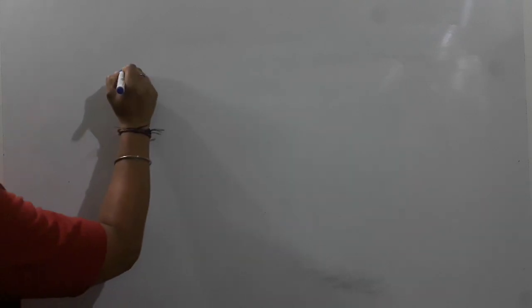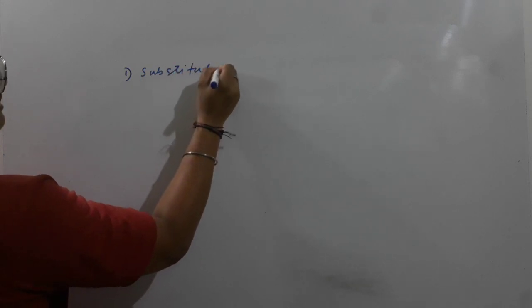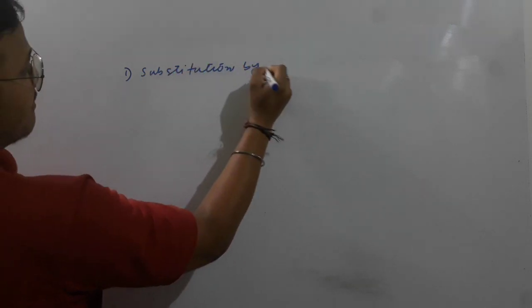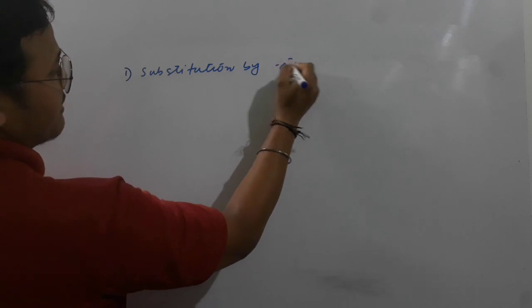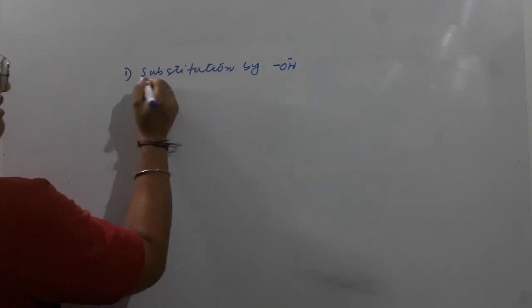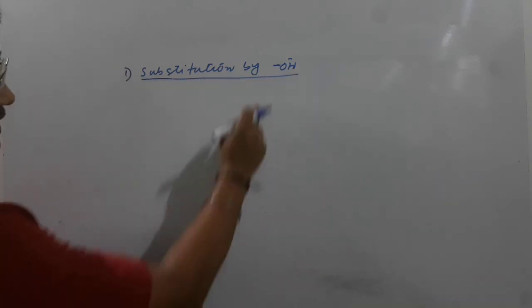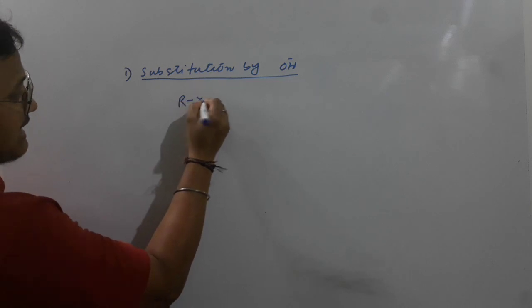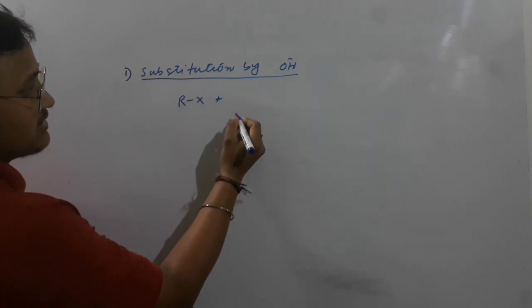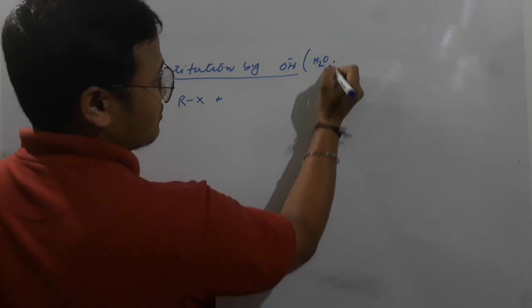Consider number 1, substitution by the OH negative group, or O negative nucleophile. Let's write it like this. If we are doing this, then we are reacting an alkyl halide with this. What are the different sources of this? From where can we have it? We can have it from a water molecule also, right?